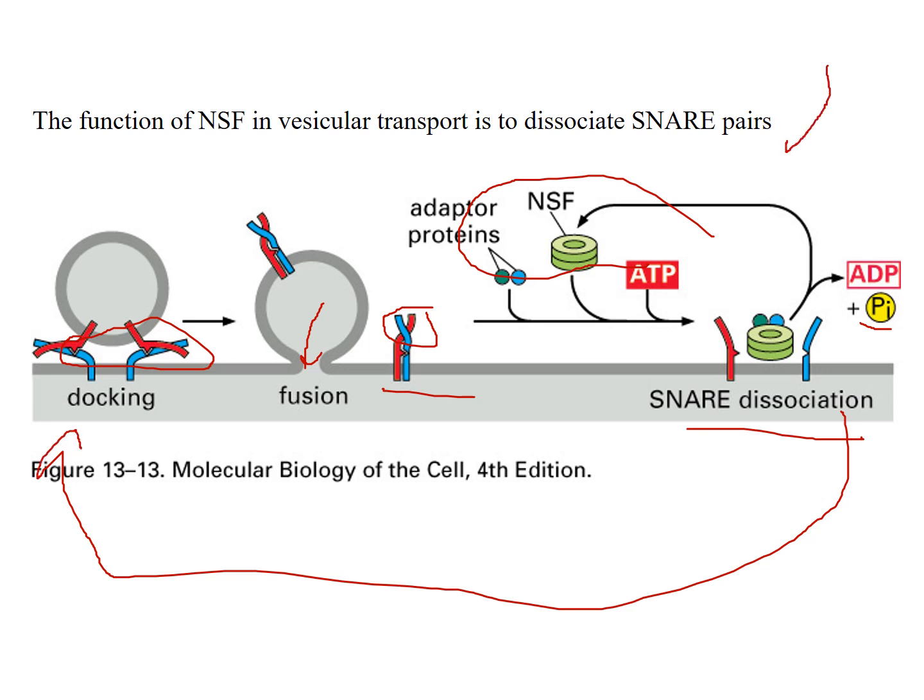When Rothman and Ross used NEM, it bound to the NSF, and that didn't occur. So you got one round, and you had twisted SNAREs, and they never would untwist because NSF was inactivated.